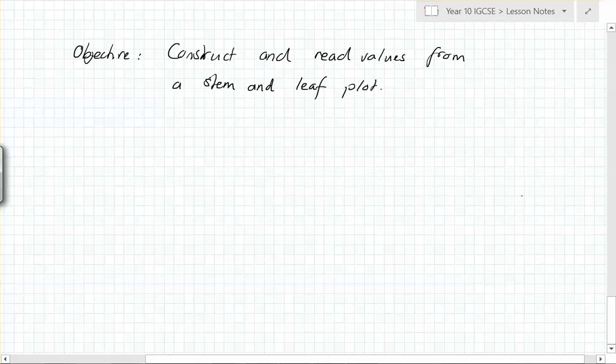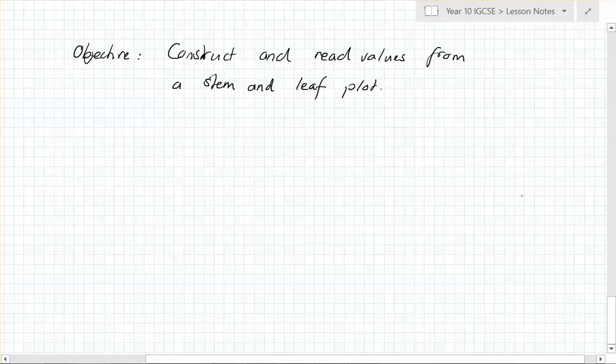Okay, so that's what we're going to talk about today. To be able to do that, you need to understand what a stem and leaf diagram is, you need to be able to read values from it, and then you need to be able to construct one from a set of data.